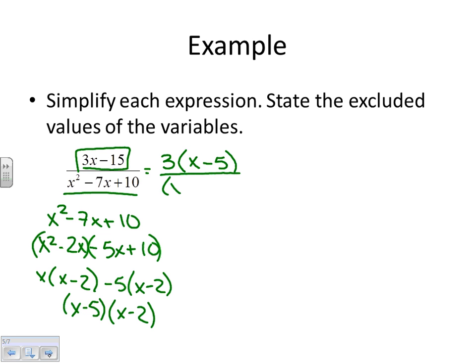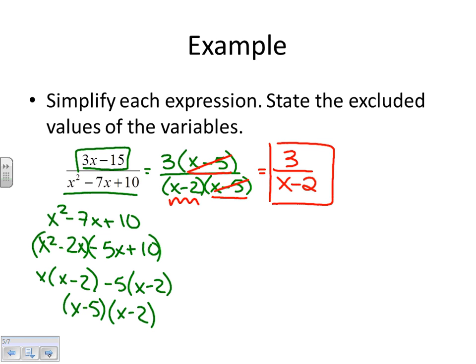Now we want to see what's in common with the top and the bottom, and we can cancel those out because that really just equals 1. I have an x minus 5 in the top and an x minus 5 in the bottom, so I'm just going to cancel them out. I simplify as 3 over what's left, x minus 2. And that, my friends, is your simplified expression, 3 over x minus 2.